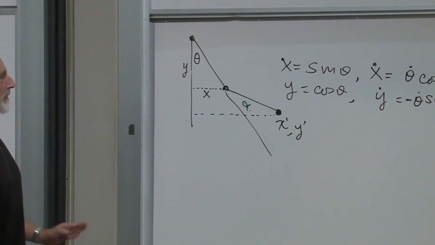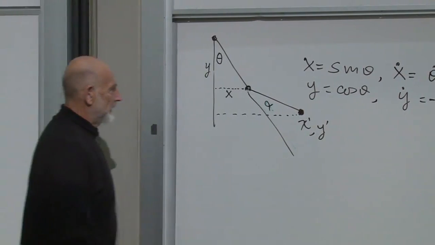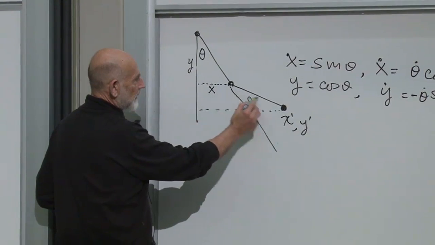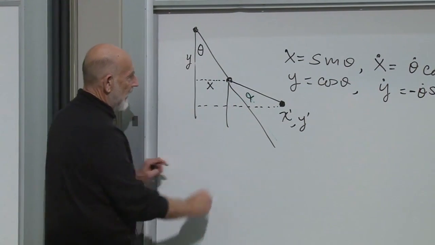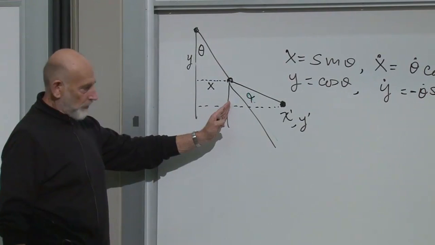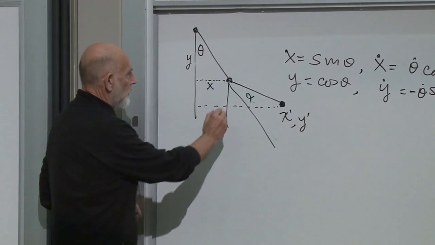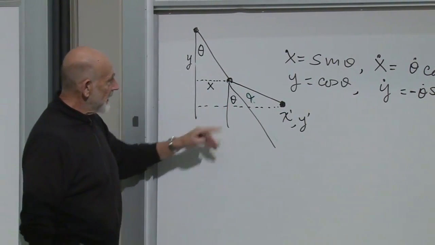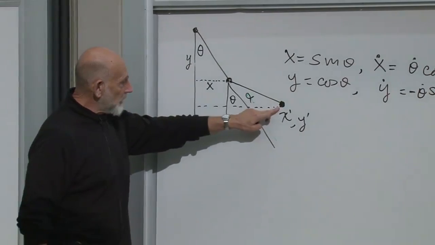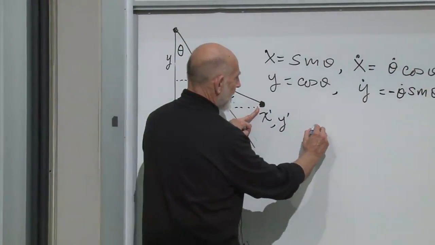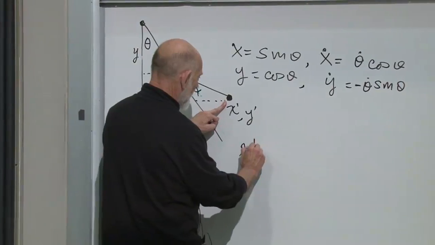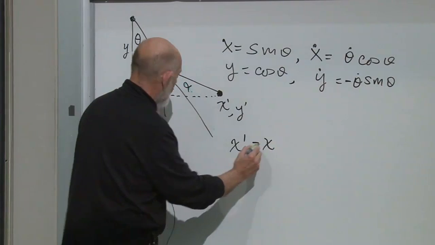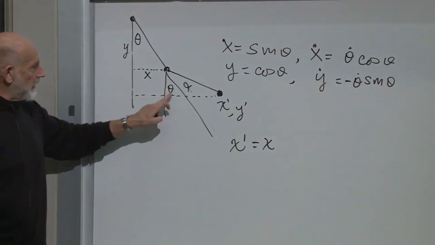Okay, so what are x prime and y prime? All right. Here, it is convenient to think of the angle relative to the vertical. The angle relative to the vertical is alpha plus theta. Okay, good. What is x prime? X prime is going to equal x plus sine of theta plus alpha.